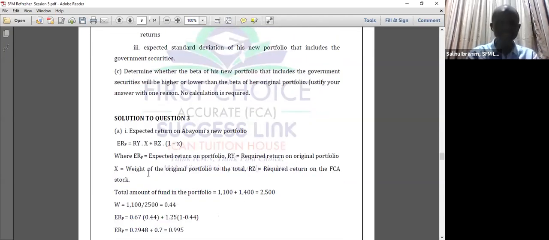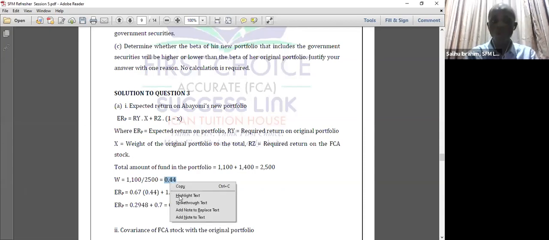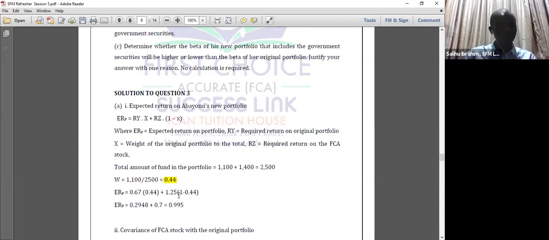This means that in the portfolio, the weight of my original portfolio is 0.44 compared to the total portfolio. The weight is the same as the proportion of the value of the investment in the portfolio.